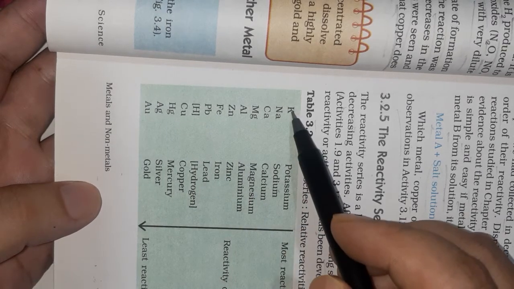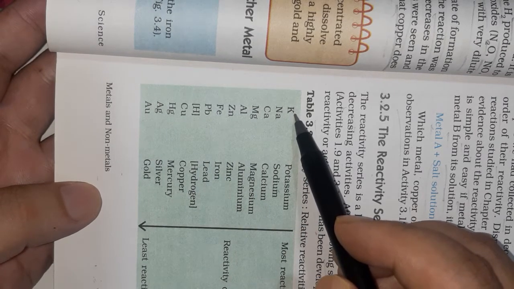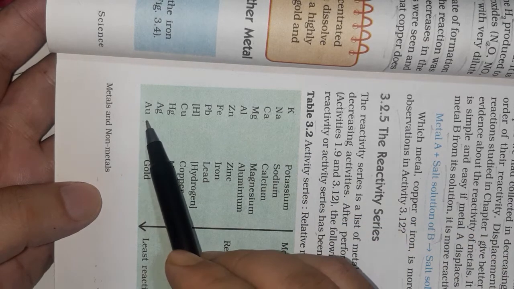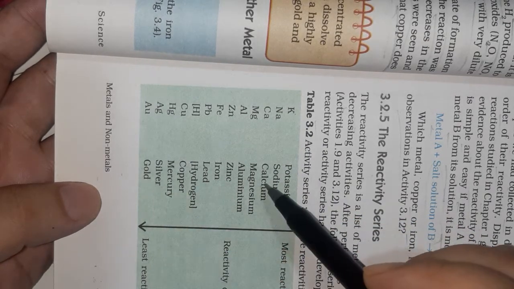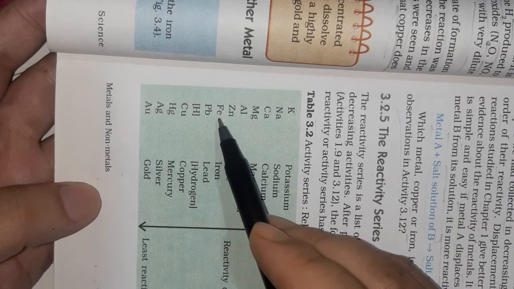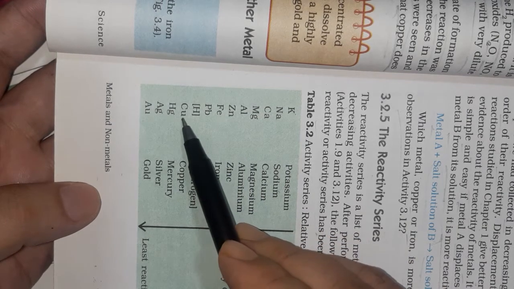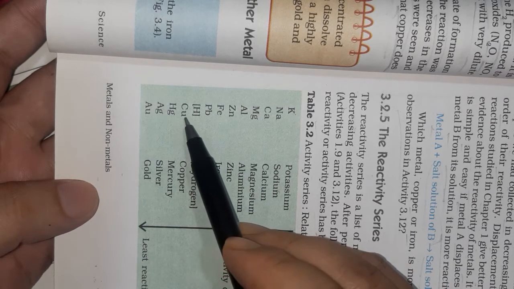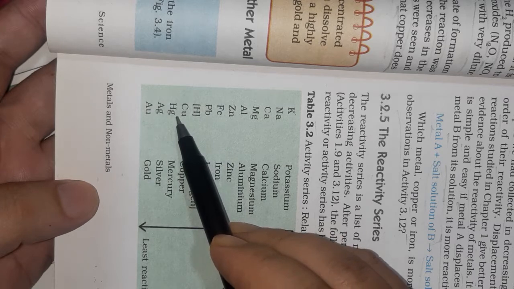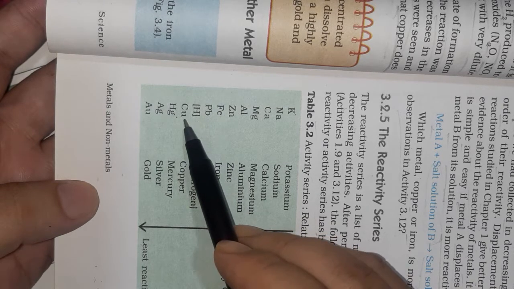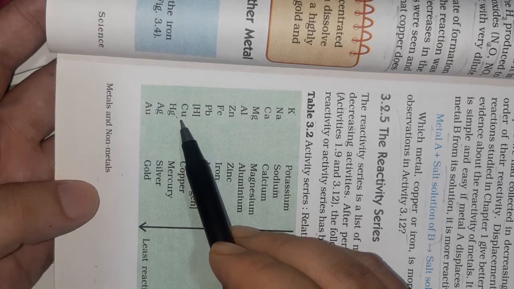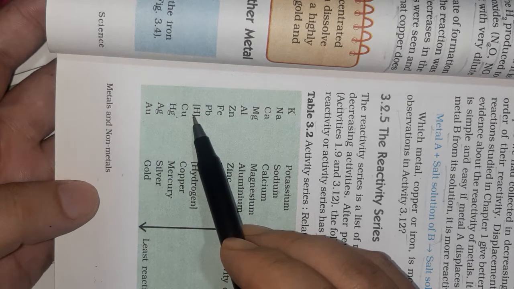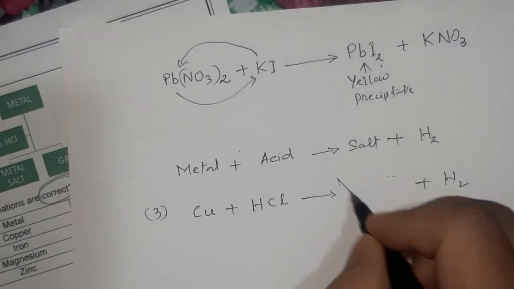So the first one is the most reactive one, and the last one is the least reactive one. Now in this case copper and hydrochloric acid are given. Copper should displace hydrogen, then only hydrogen gas will be produced. Now copper is below hydrogen, so it is not possible for copper to remove hydrogen from HCl. So this cannot be possible.